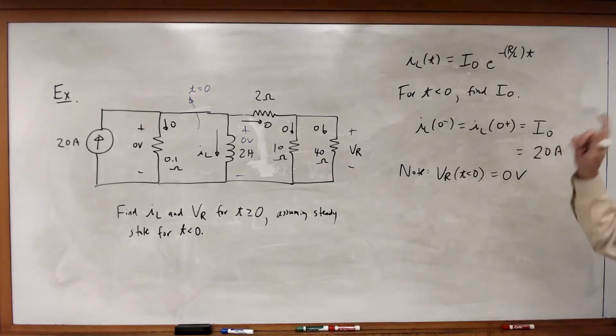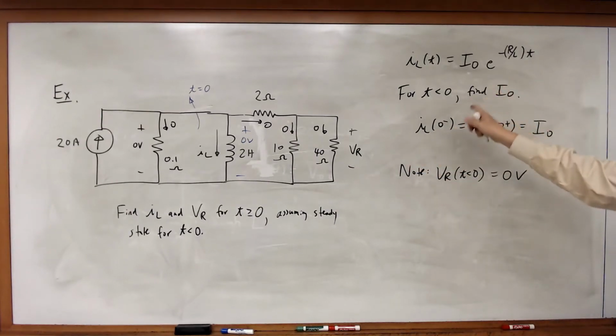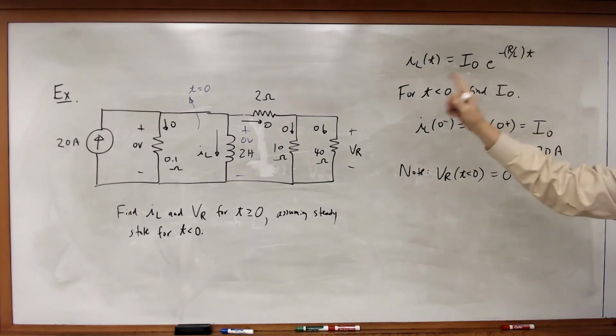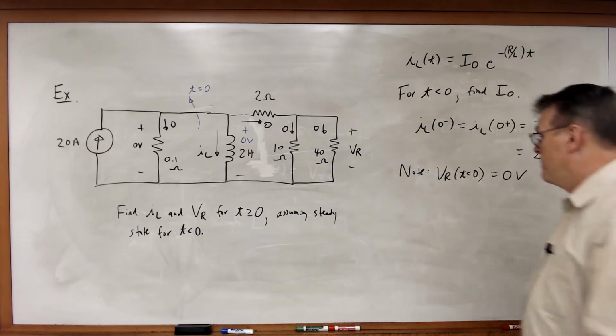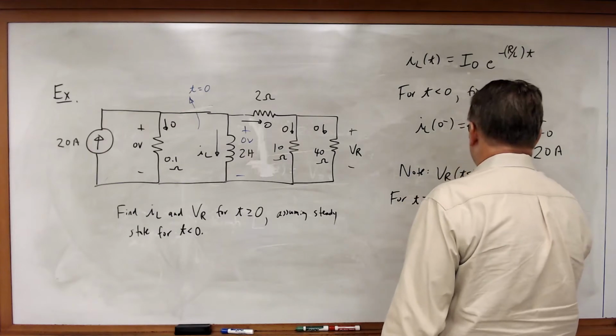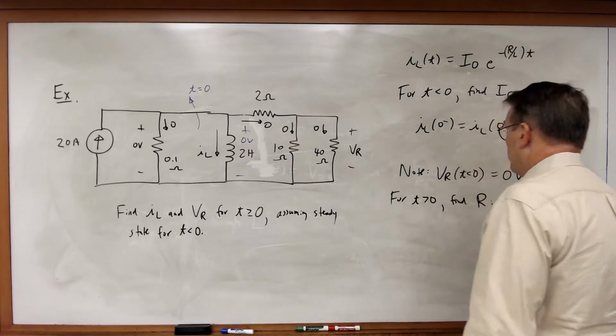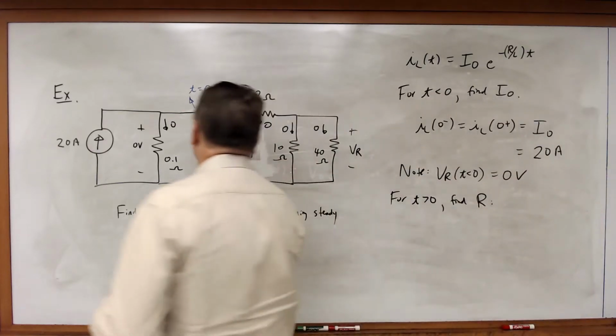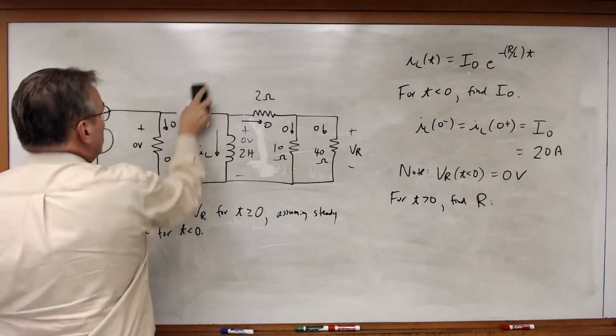Okay, now let's find the equivalent resistance for t greater than 0. So for t greater than 0, let's find R. In this case, the switch is going to open.